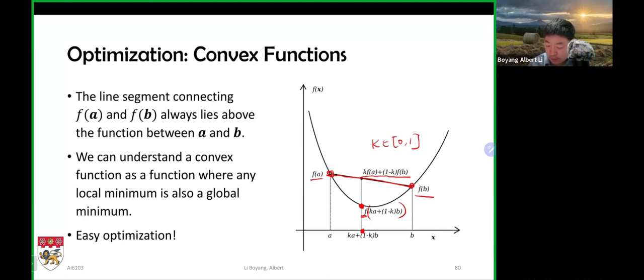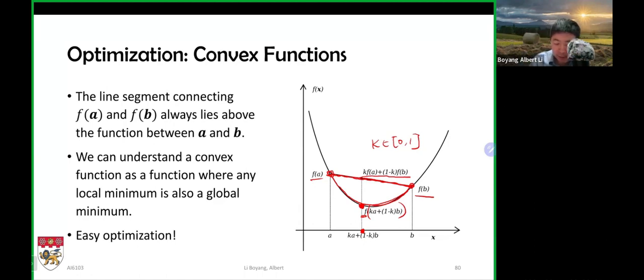If you compare this line segment and this portion of the function, you will see that the line segment always lies above the function value.